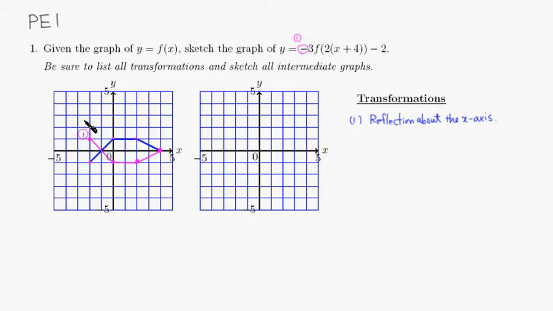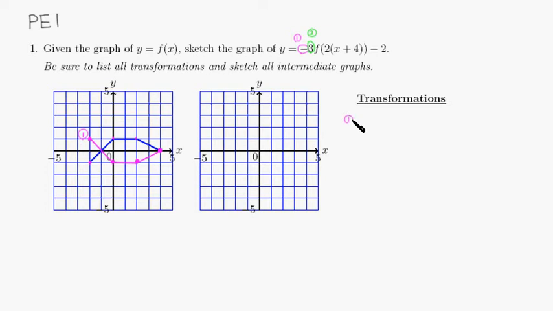Let's look at the next transformation. This is the second transformation. I'm going to write it in the corresponding color so that we know which one is which.